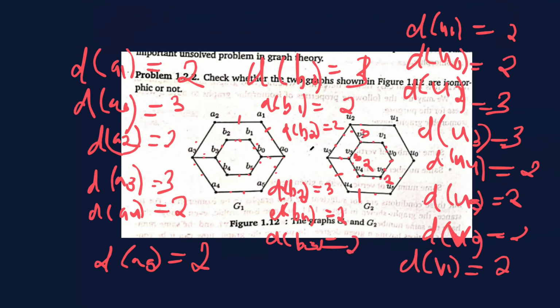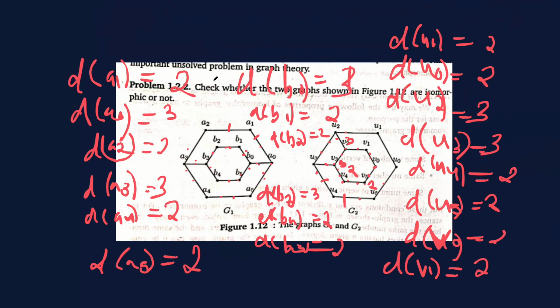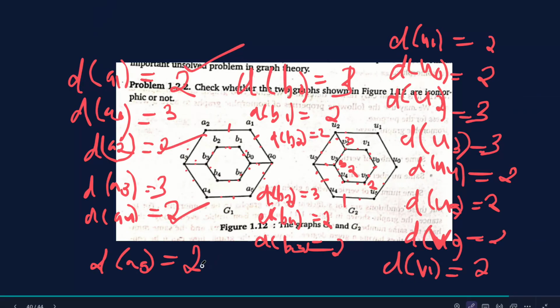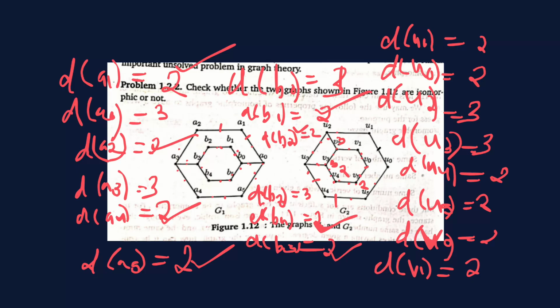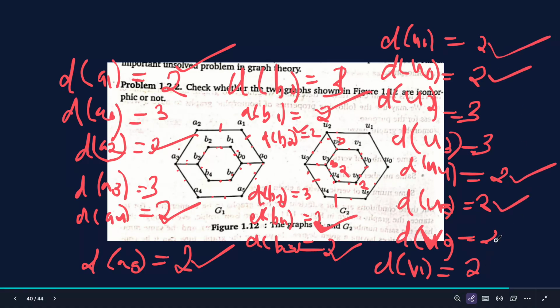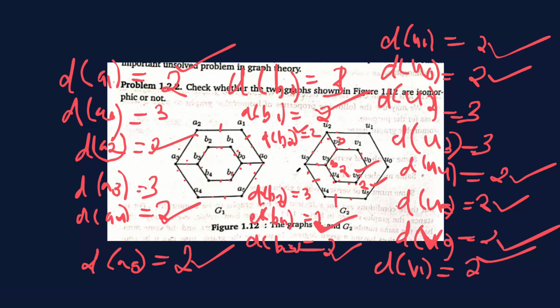So here if you see, the number of vertices with degree 2 in this graph is 8. And in this graph it is also 8. The number of vertices with degree 2 is the same in both the graphs.